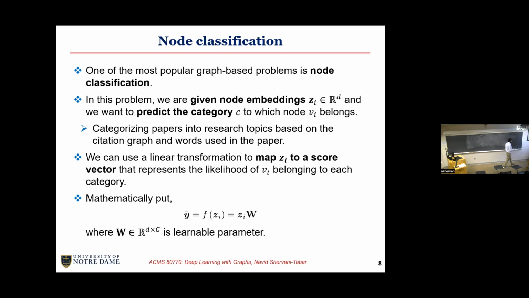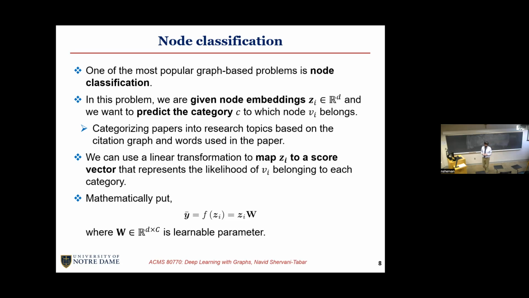These scores represent the likelihood of each paper, or each entity, each node, to belong to each of those C categories, right? For that, we need a W that is D by C, where D is the dimension of our embedding and C is the total number of classes that are possible.